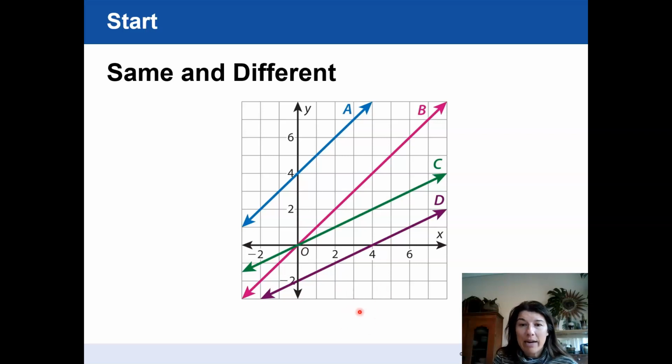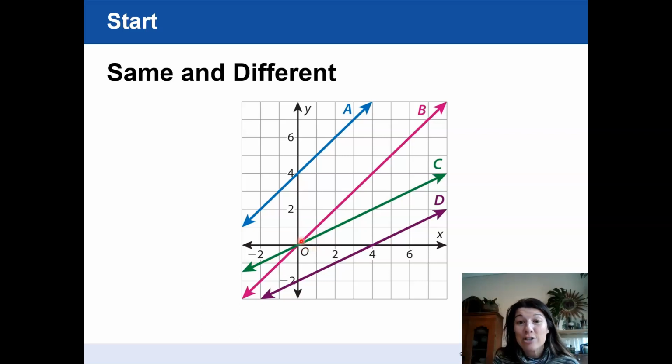Let's look at another pair of lines with some similarities and differences. What about B and C? What is the same about lines B and C? Notice their y-intercepts are the same. They intersect the y-axis at 0, 0. They both go through the origin. What is different about B and C is their steepness.